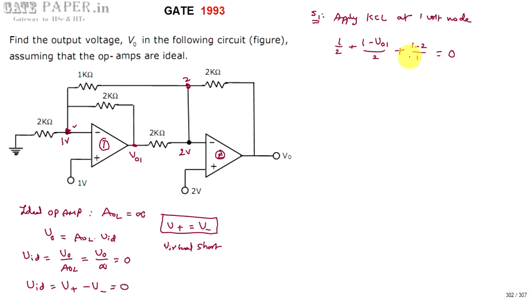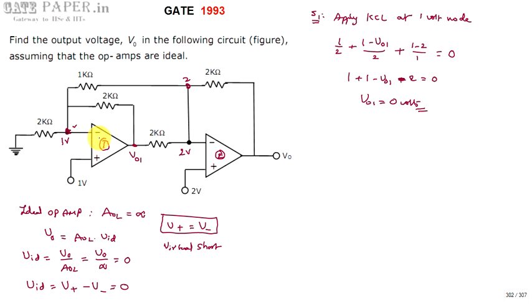So from this you can write 1 plus 1 minus V01 plus 2 minus 2 is equal to 0. So V01 is equal to 0 volts you will get.